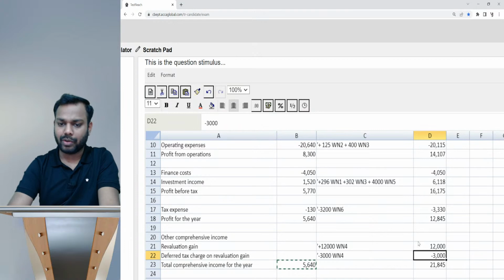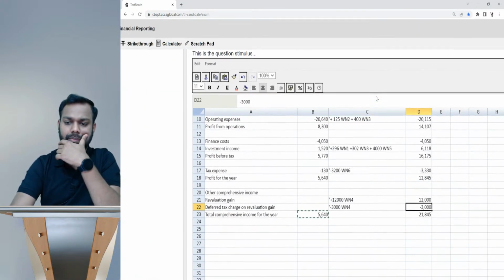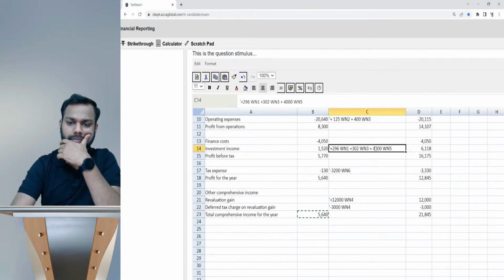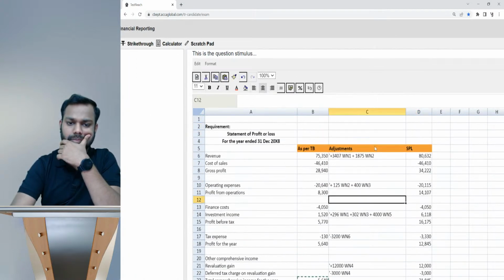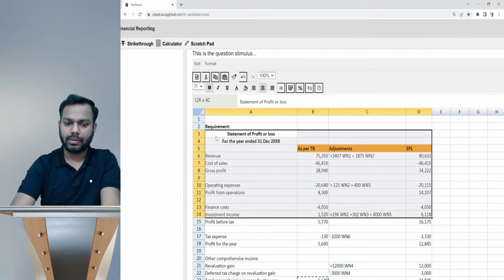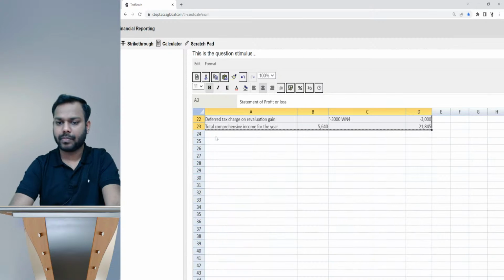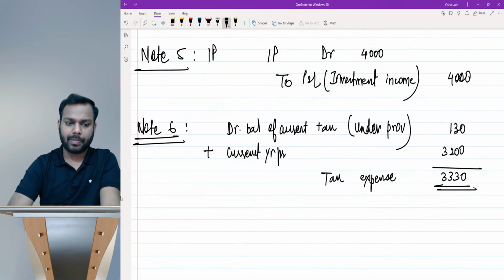Tell me guys, is it clear to everyone now? Now let me paste the solution here so that if anyone wants to refer to the solution, they can refer to it.